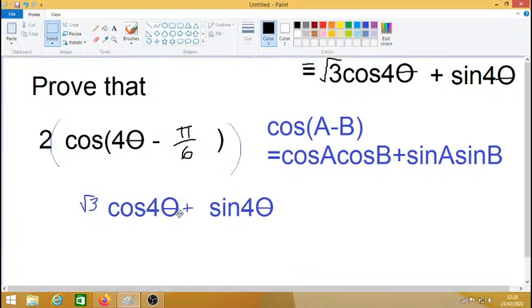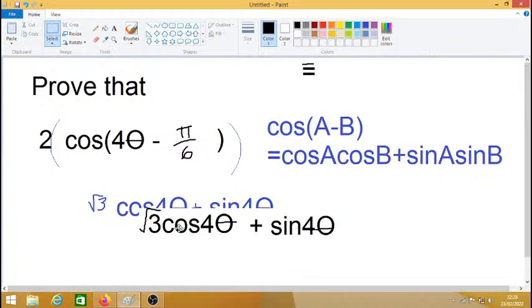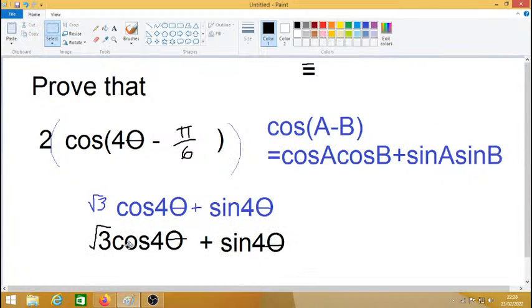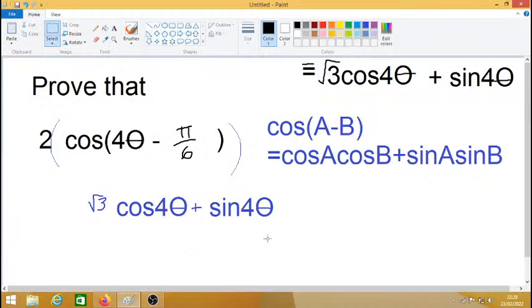And let's compare how that looks to what we wanted it to look like. We wanted it to look like root 3 cos 4 theta plus sine 4 theta, and that's an exact match. So that's the proof done. It was using the cos A minus B identity and then expand by timesing by 2, and that's your answer.